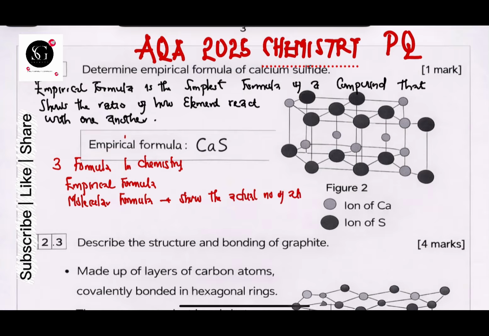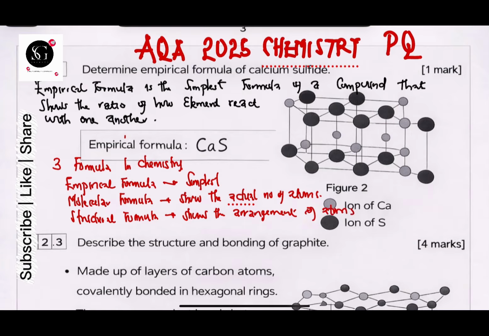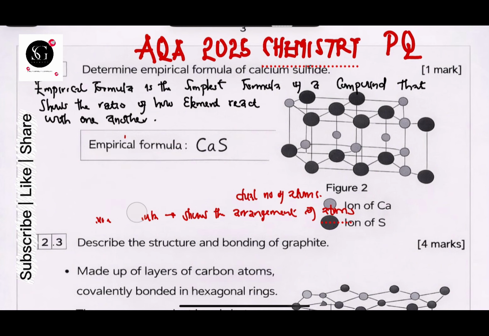Then we have structural formula, which shows the arrangement. So empirical is the simplest formula, molecular shows the actual number of atoms, while the structural formula shows the arrangement of atoms. These are the three formulas you will be exposed to in chemistry: the concept of empirical, molecular, and structural formula.